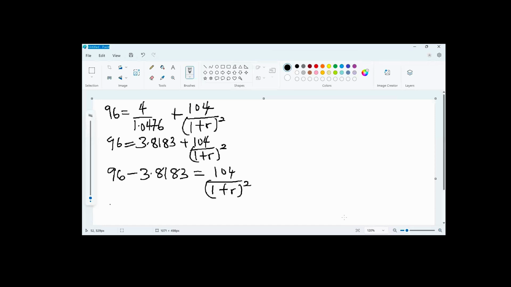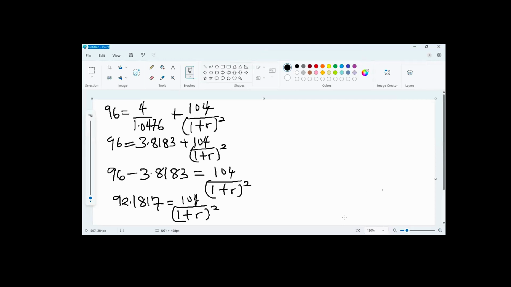What do you have? 92.1817 is equal to 104 divided by 1 plus r raised to power 2.